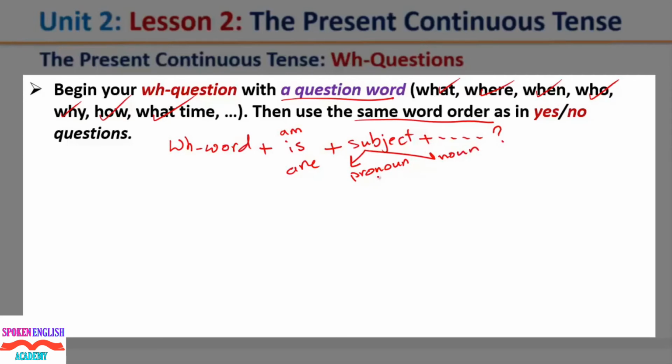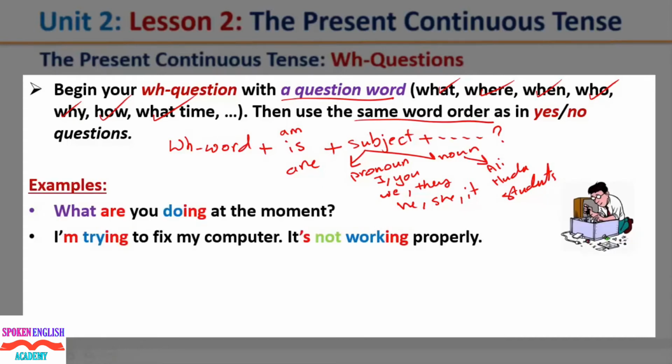A pronoun, it could be I, you, we, they, he, she, it. Or a noun, like Ali, Huda, students.